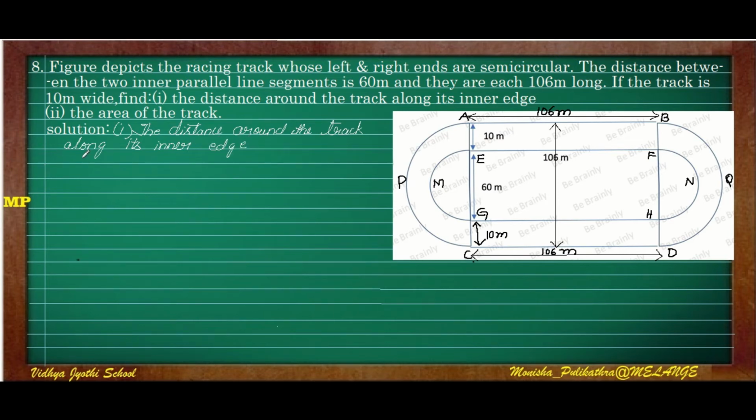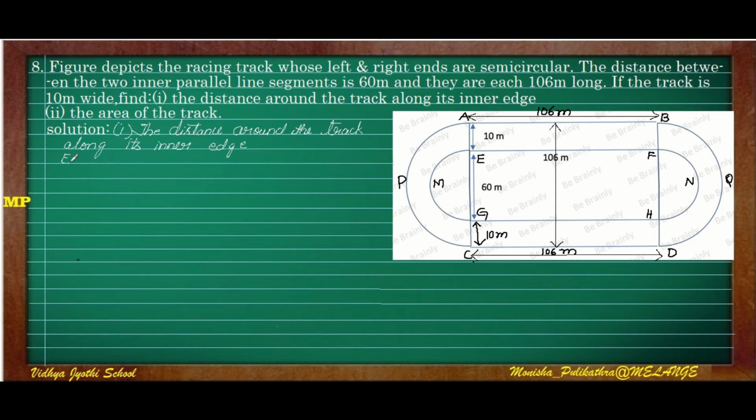So that is equal to, you can see here, EF, GH, next is a perimeter of EMG and perimeter of FNH. So this is the distance around the track along the inner edge. This is the inner edge. So this much we have to find out first.